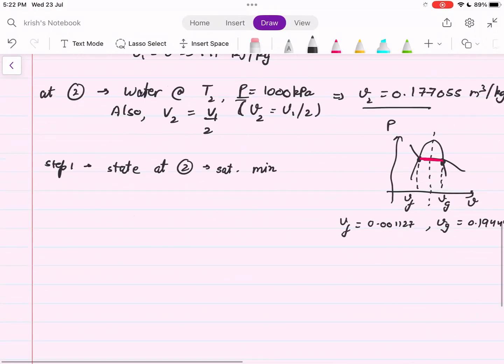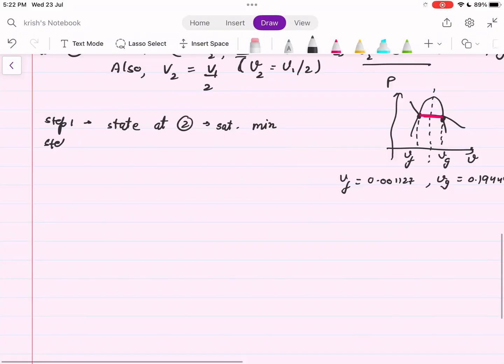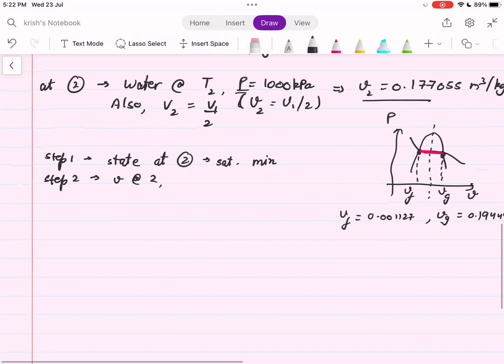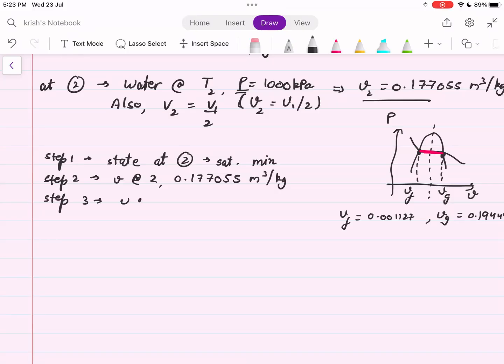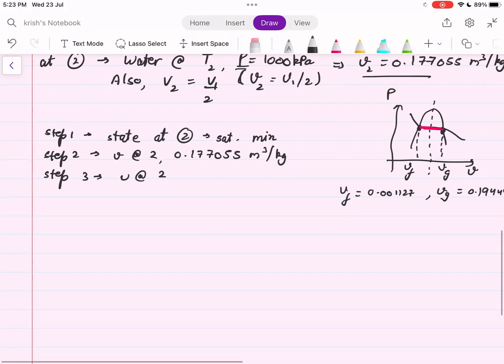So now, step 2 was to find value of V, which we have already been given as half of the initial, that is this. And step 3, U at 2. So how will we find U?